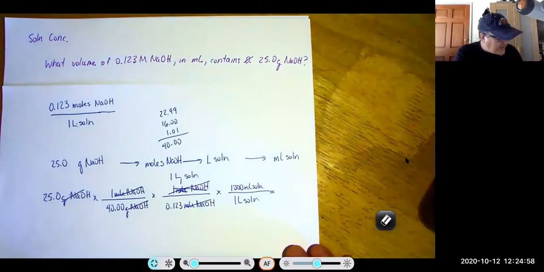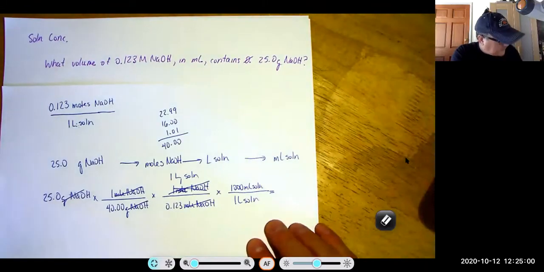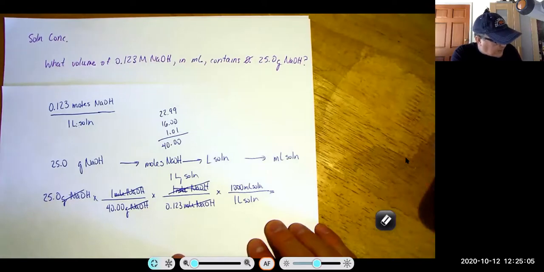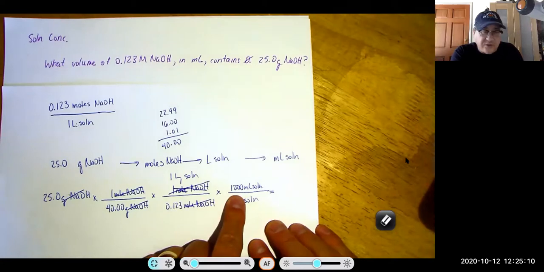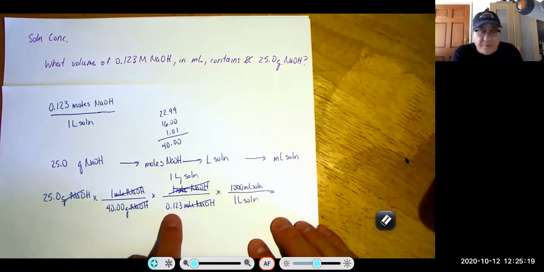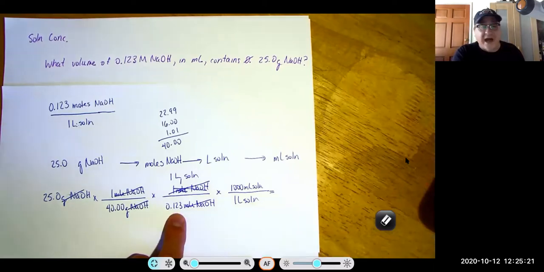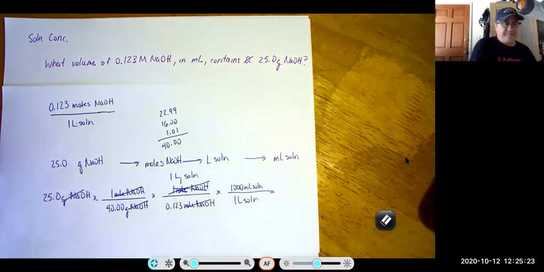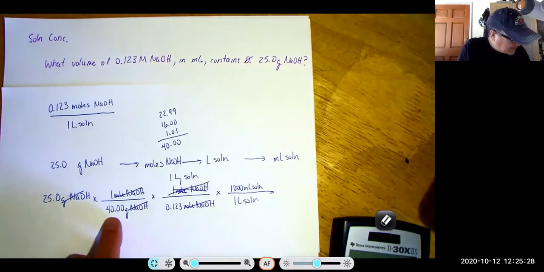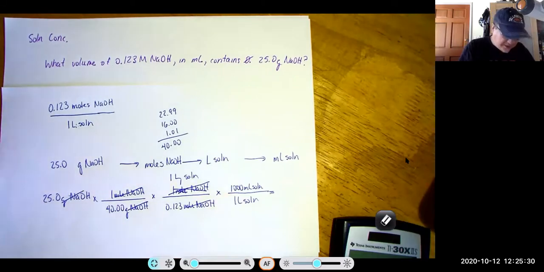And when we estimate the answer, how can we estimate the answer here? Well, the way I would probably do it is 40 goes into 100 25 times? 25 times 25 is 625. 625 divided by 0.123 has got to be like 6,000 or something like that. And actually, I think I did this wrong. No, I think I'm okay.